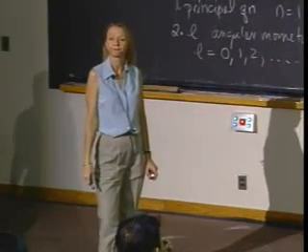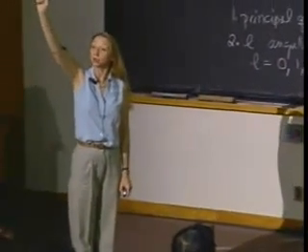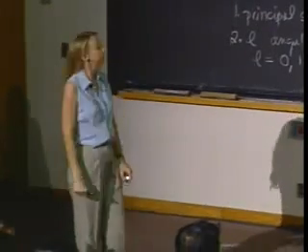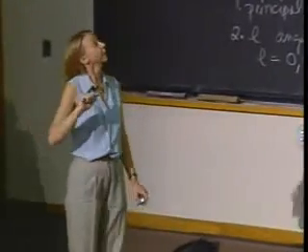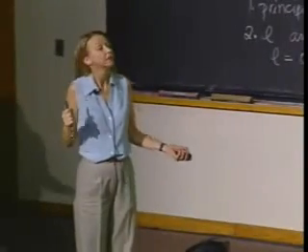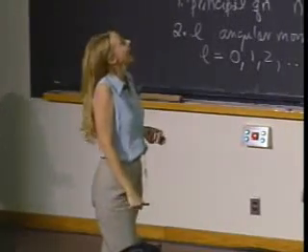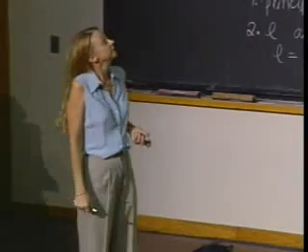Now suppose we have the first excited state, which was n equal 2 as we looked at last time. If n is equal to 2, what is the smallest value that L can have? 0. And if L is equal to 0, what's the only value m can have? 0.